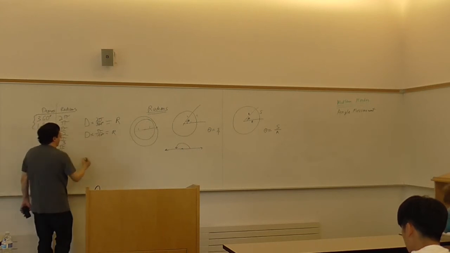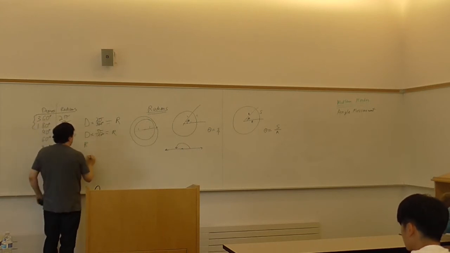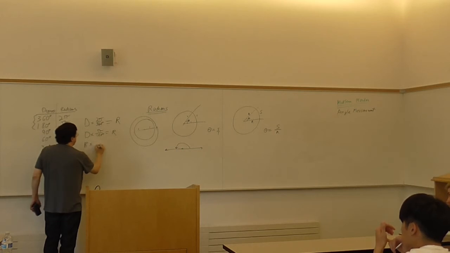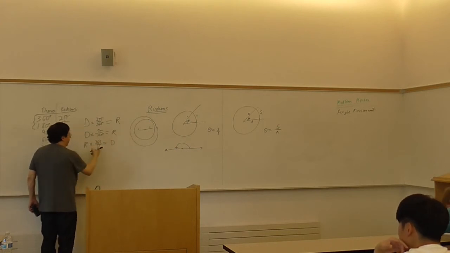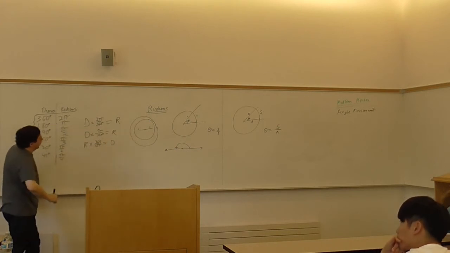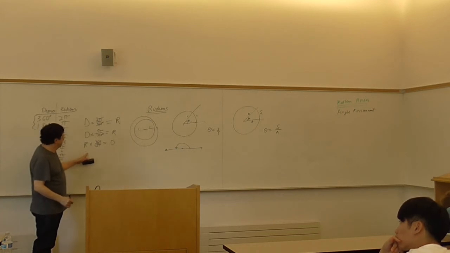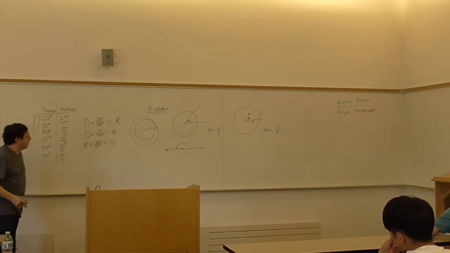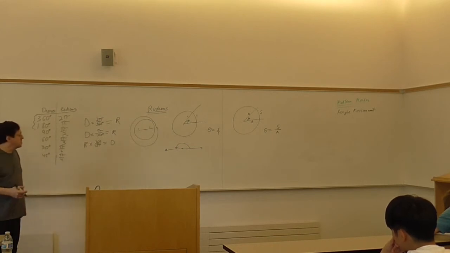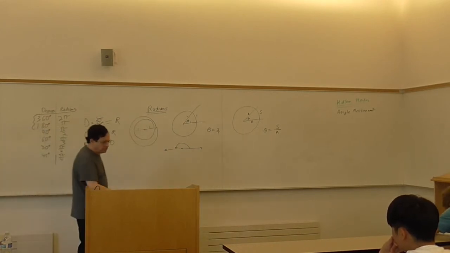And you can reverse this, of course. Radians times 360 over 2 pi is degrees, or radians times 180 over pi is degrees. Okay.